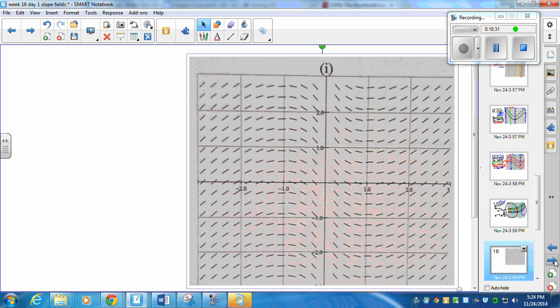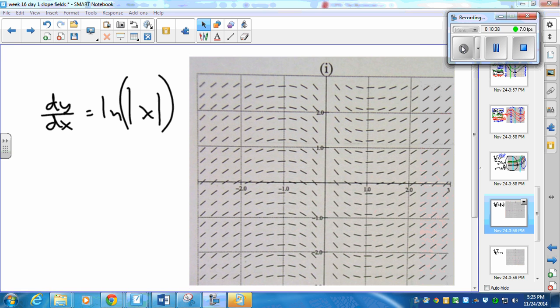Let me just lay out the other ones for you guys, because it's taken up a lot of time. Where you guys are at right now, this would have been the last one I would have found because that ln of absolute value is just funky. One thing to note is ln of 1 is 0, and that's flat.